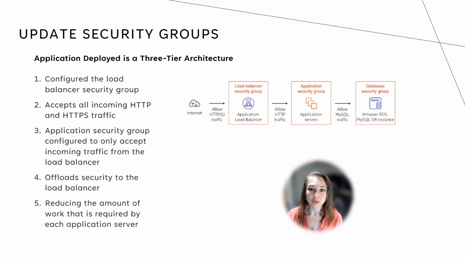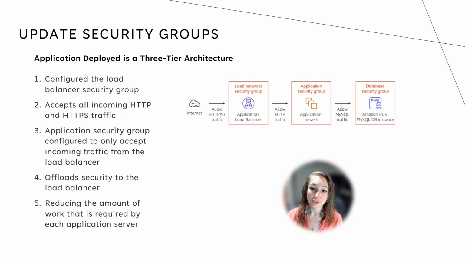Now the security groups are configured to enforce these tiers. Configure the load balancer security group. It accepts all incoming HTTP and HTTPS traffic. The load balancer has been configured to forward incoming requests to a target group. When auto scaling launches new instances, it will automatically add those instances to the target group.